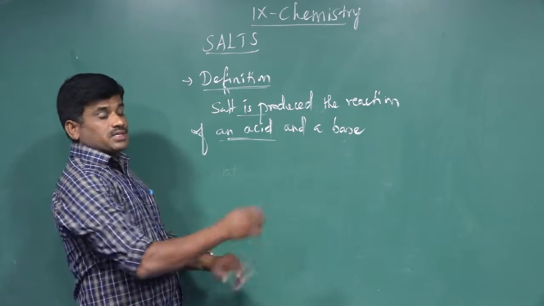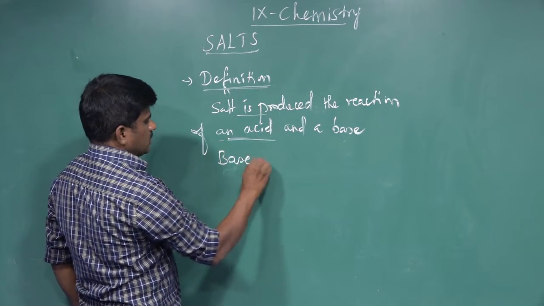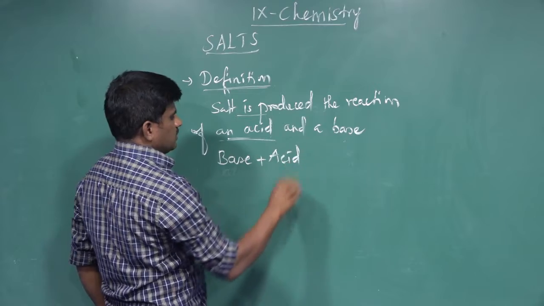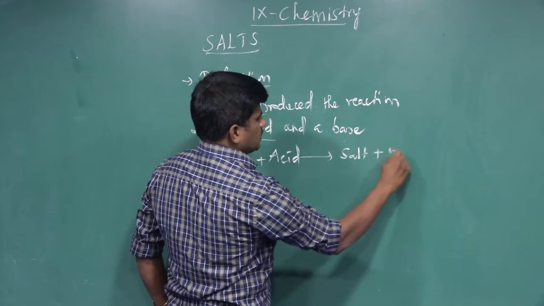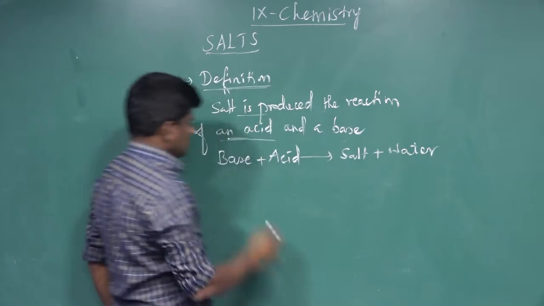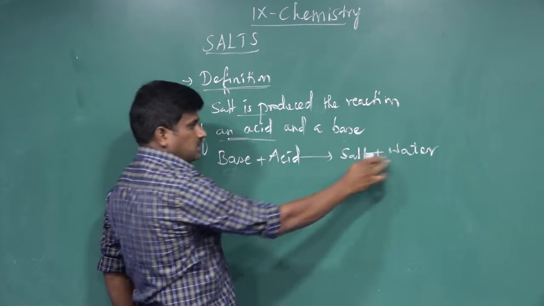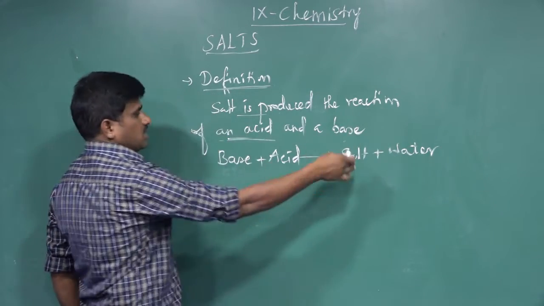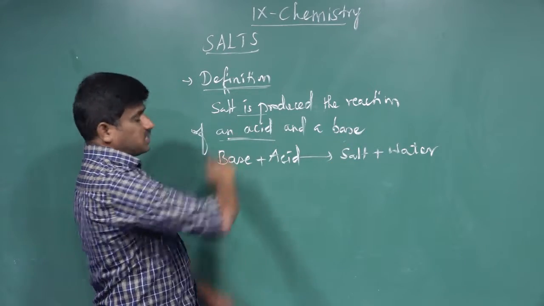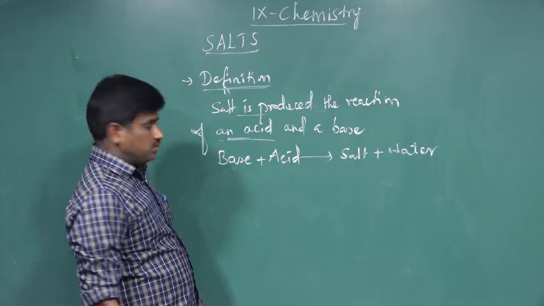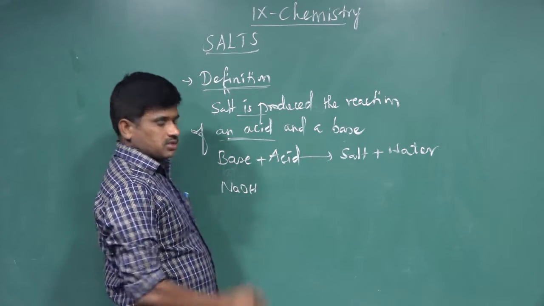So let's see the equation of this. When base and acid react together, they form salt and water. We will take a simple example. The base we take is the strong base, sodium hydroxide.